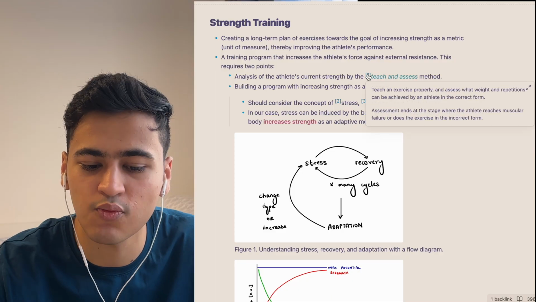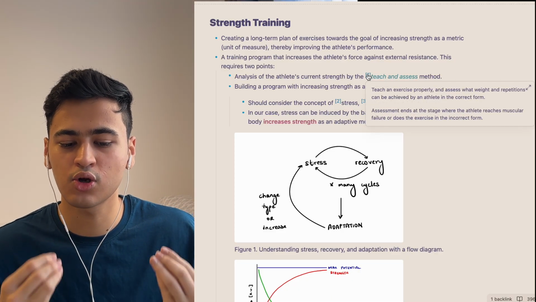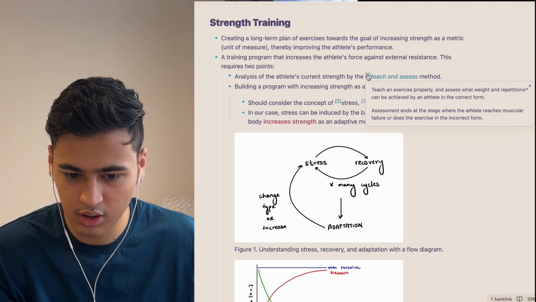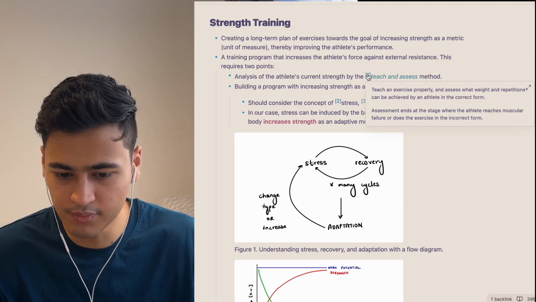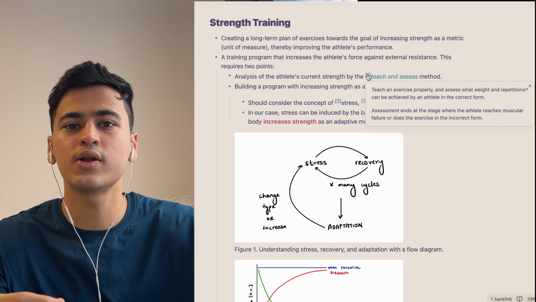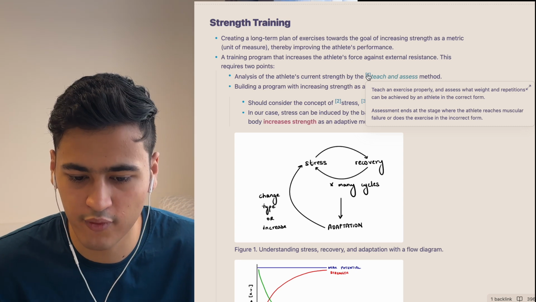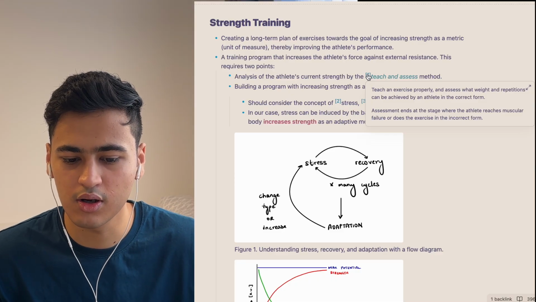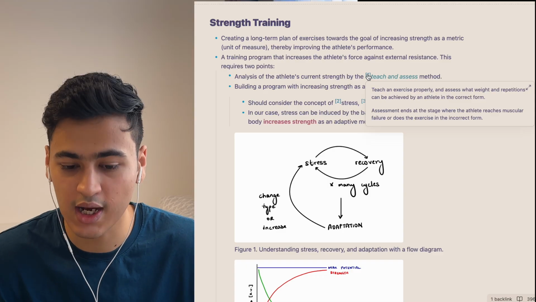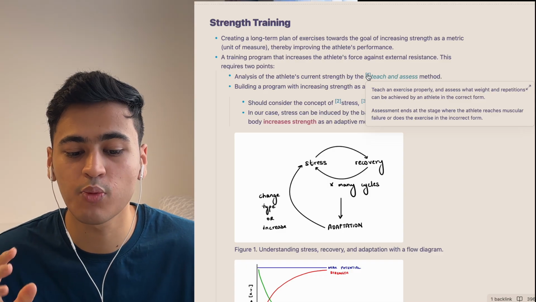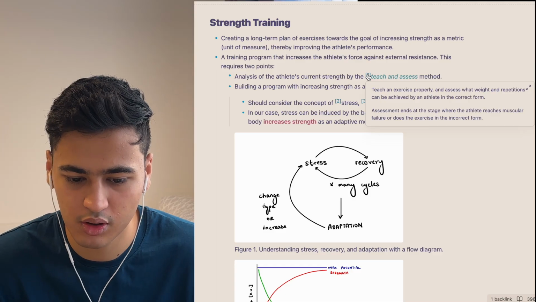Now let's understand what the teach and assess method is. So particularly, the coach or the trainer teaches a particular exercise properly, the right form, and then clears the stage for the athlete to perform. Now, the objective is to assess what weight and how much repetition can be achieved by the athlete in the right form.